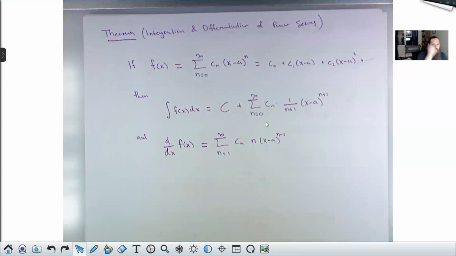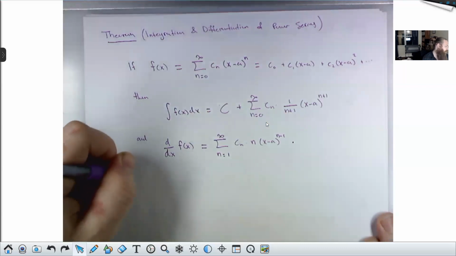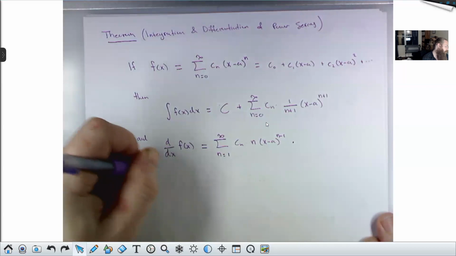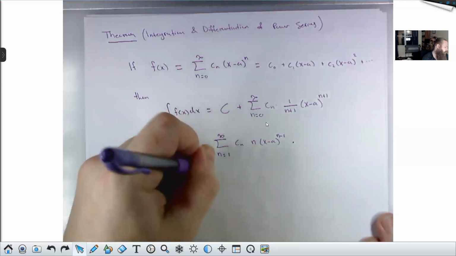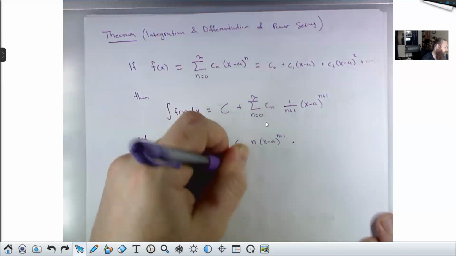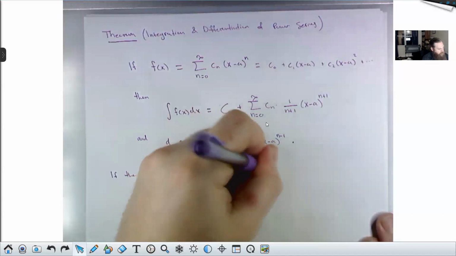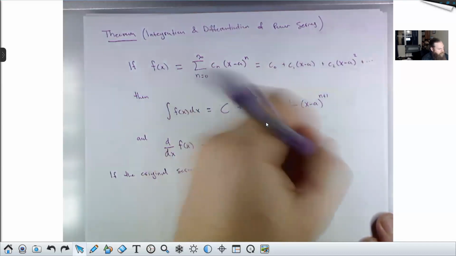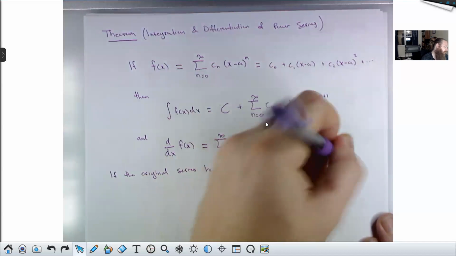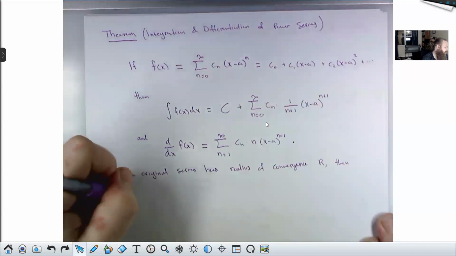All right. This is the result. Two other things. If the original series has radius of convergence, not interval, but radius of convergence equal to r, then so do the integrated and differentiated power series.